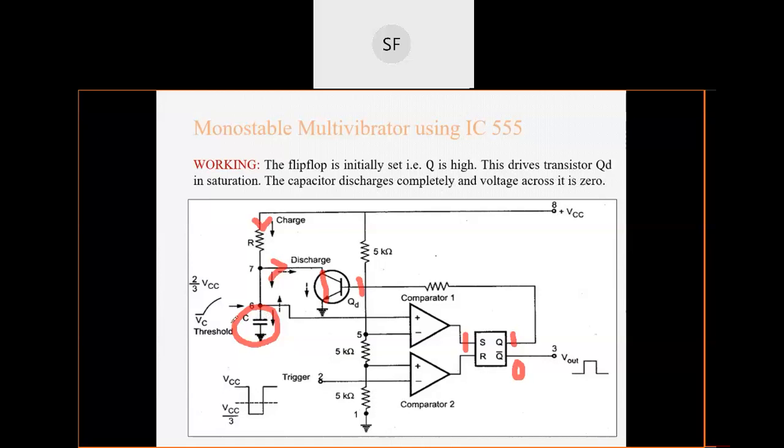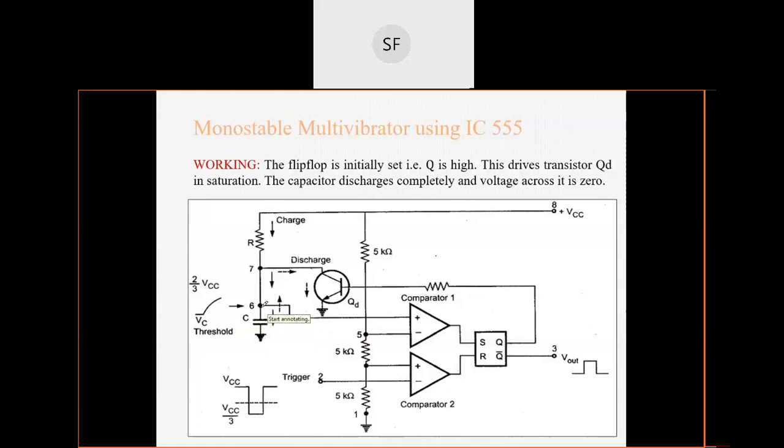So now if you observe, what is the voltage across the capacitor? Again erasing this. So this much concept is clear: the transistor is in saturation and the capacitor discharges completely. So now if you observe the voltage across the capacitor, look, the capacitor is connected between ground and this point, that is pin number 6.